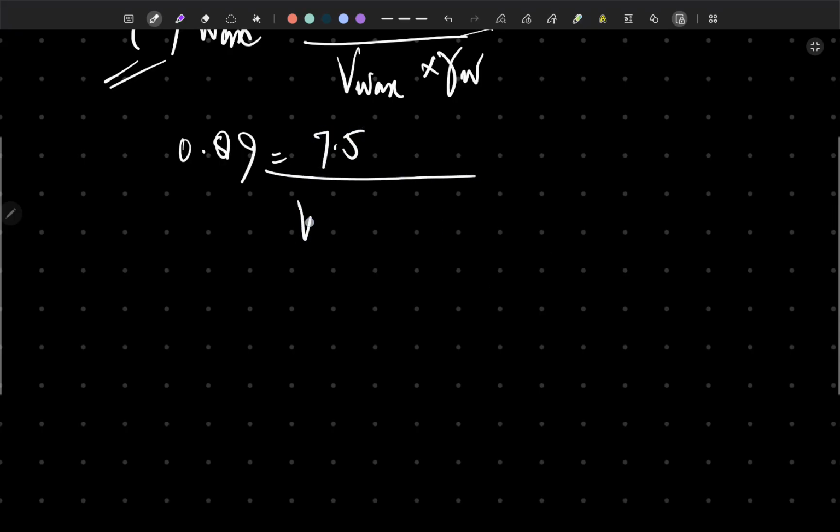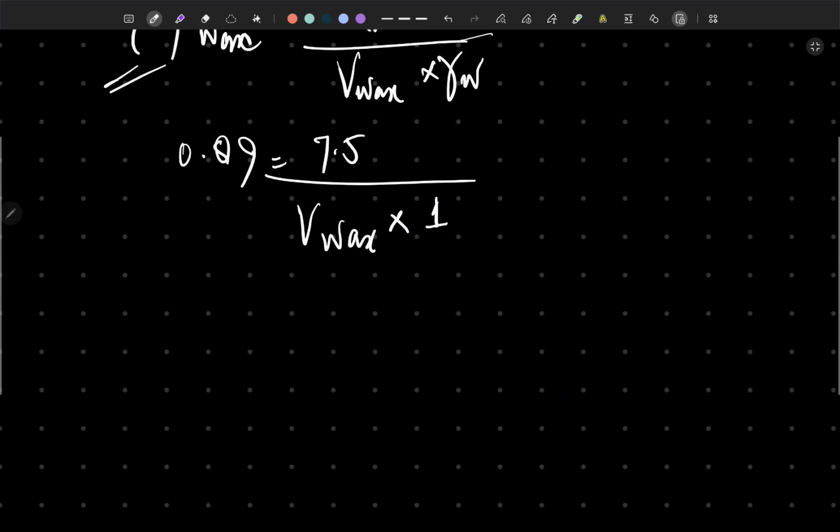We are interested in finding the volume of wax. Density of water is 1 gram per milliliter. By calculation, the volume of wax comes out to be 8.42 milliliters.